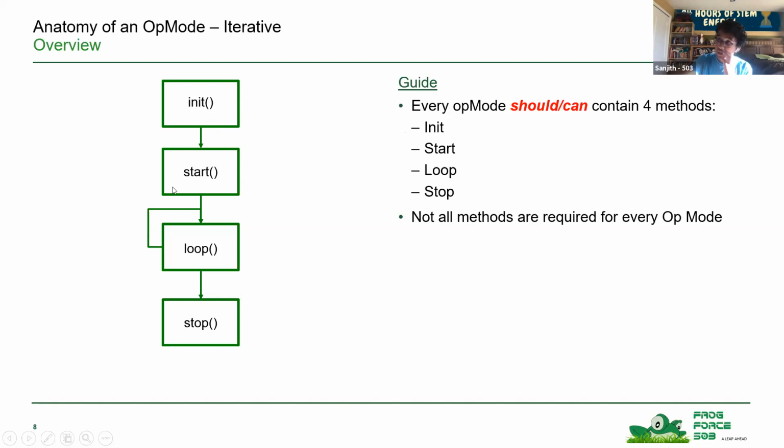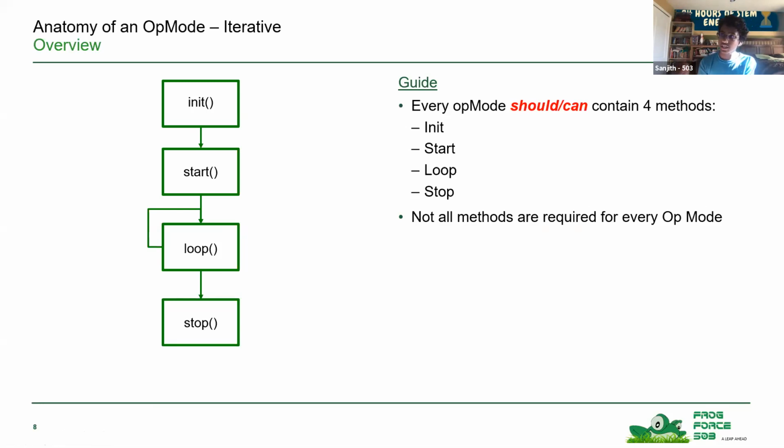Once you press start, it does something once, and then it starts calling the loop function. Everything in the loop function will be constantly repeating while the program is running. Everything in the start function will be called once, and the init function will be called once. Stop is called one time when it's pressed. So just to go over this again, there's the initialize button on the robot controller phone.